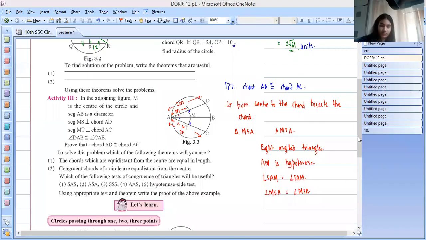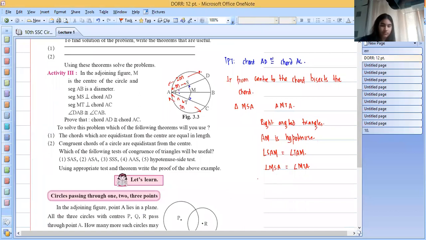So we have triangle MSA congruent to triangle MTA by the side angle test. Therefore, we can say that MS is equal to MT, by CPCT.